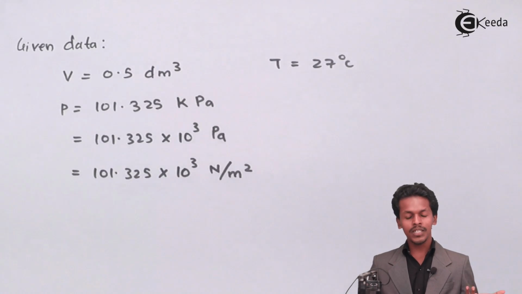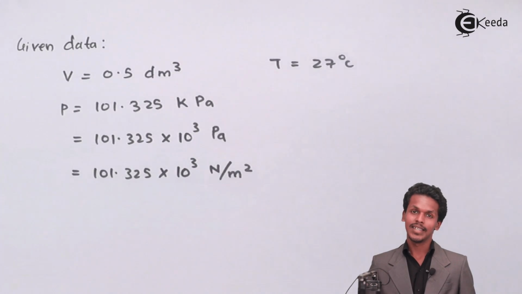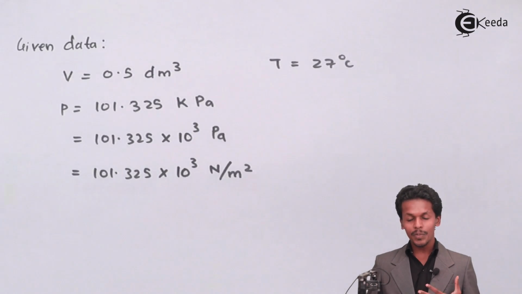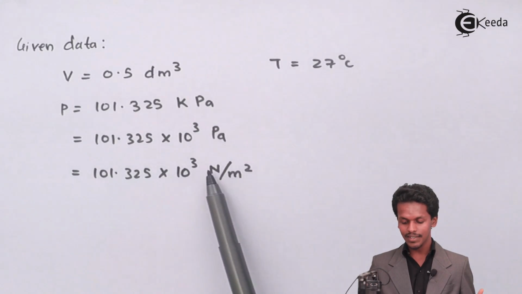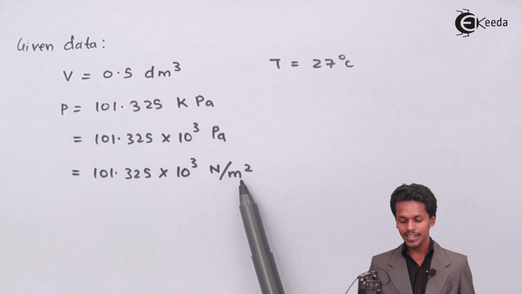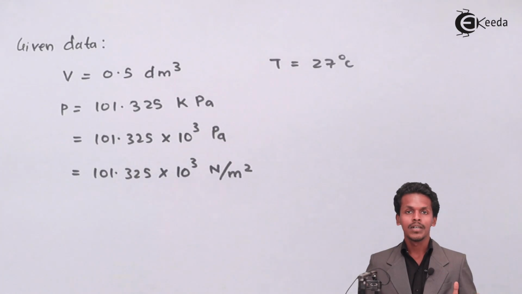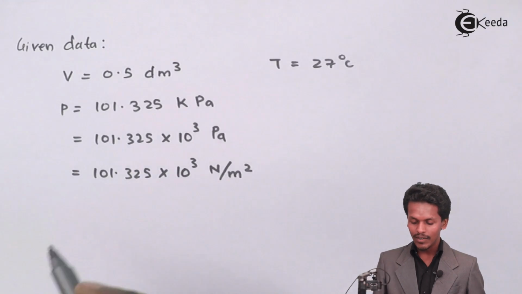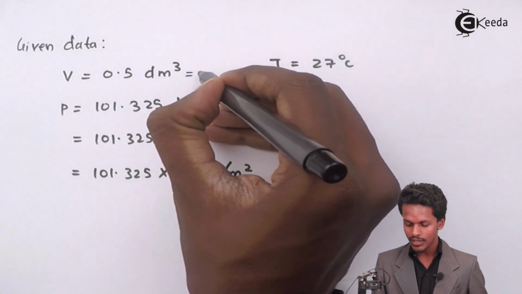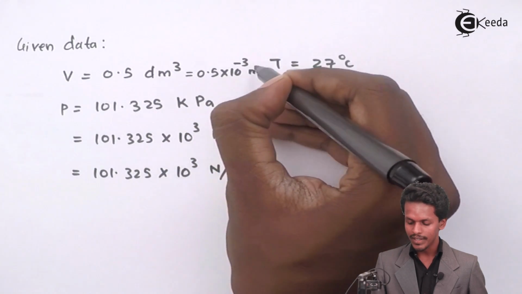The volume which has been given as 0.5 dm cube should be converted into cubic meter, because Newton per meter square is related to meter. So the volume is 0.5 multiplied by 10 raised to minus 3 cubic meter.